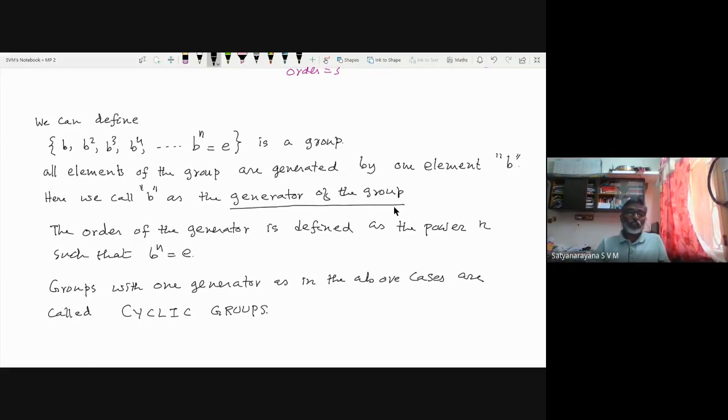So you have only one generator, and the order of the generator is same as the order of the group, because the entire group is generated by one generator. But not all groups are cyclic, but those groups which have this kind of a structure are called cyclic groups.